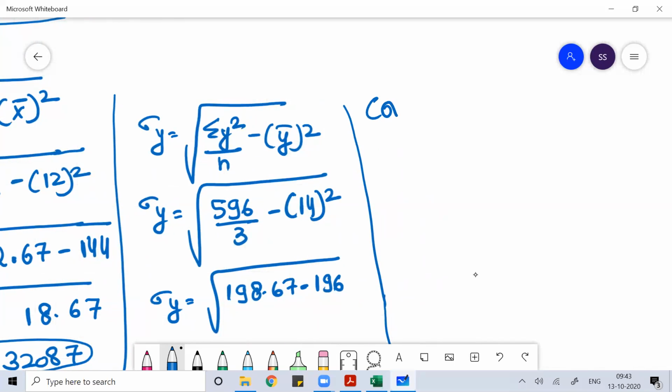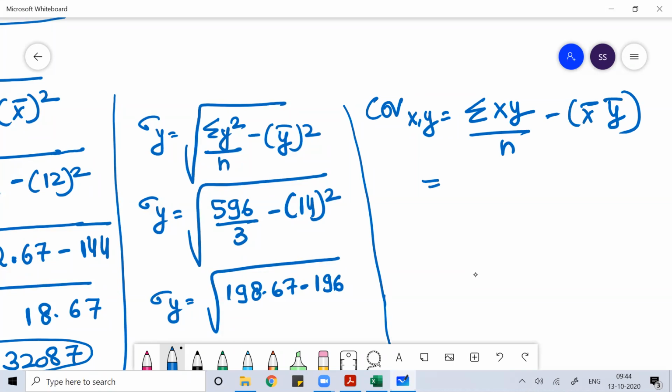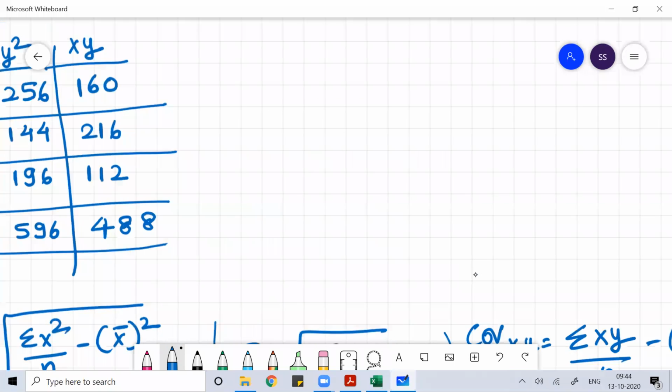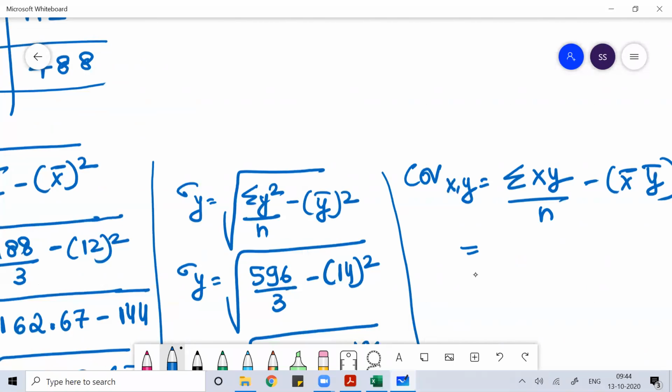Then you can find the covariance between x and y. So the formula for that is summation of xy by n minus x bar into y bar. So the covariance of x and y, summation of xy you already found, that is 488. This is 488 by n, which is 3, minus x bar is 12, y bar is 14.